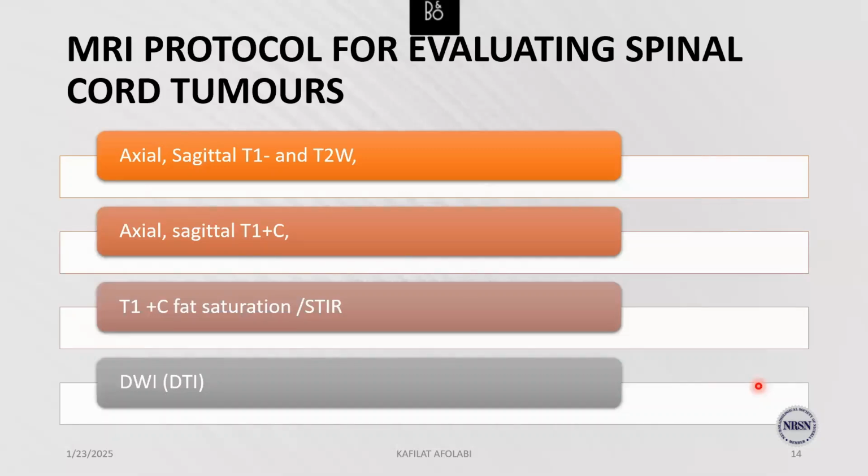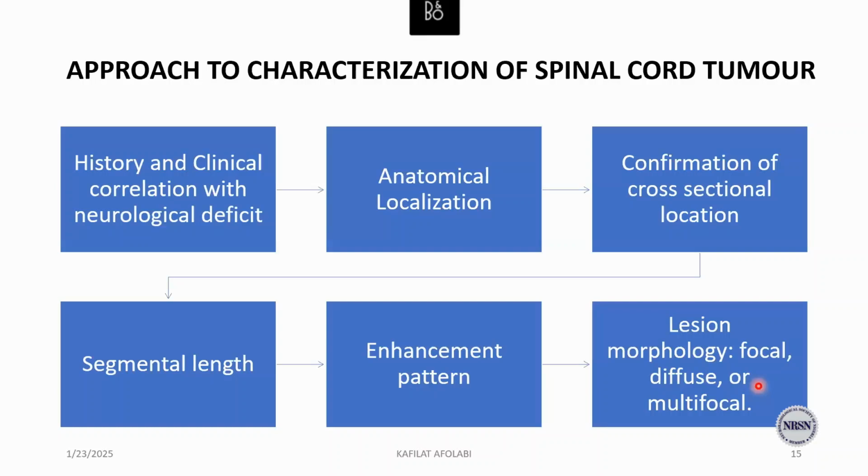Of note is the case of trying to discriminate between epidermoid, arachnoid, and dermoid cysts that we are also familiar with in brain imaging. So this is an approach to characterize spinal cord tumors.